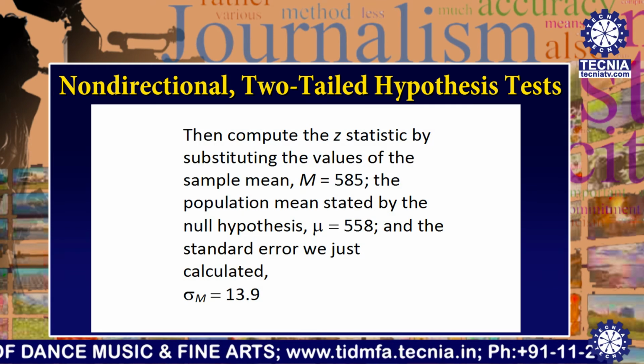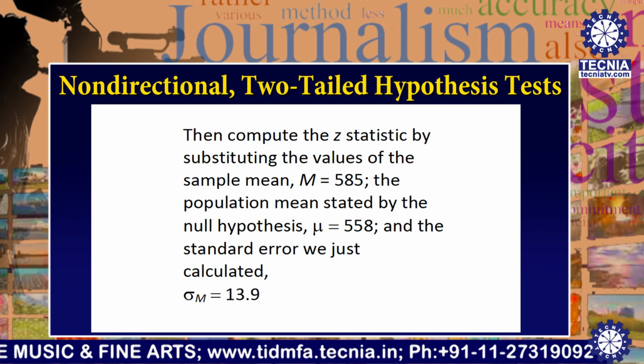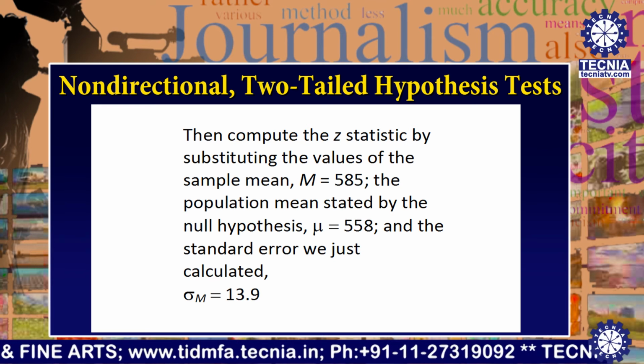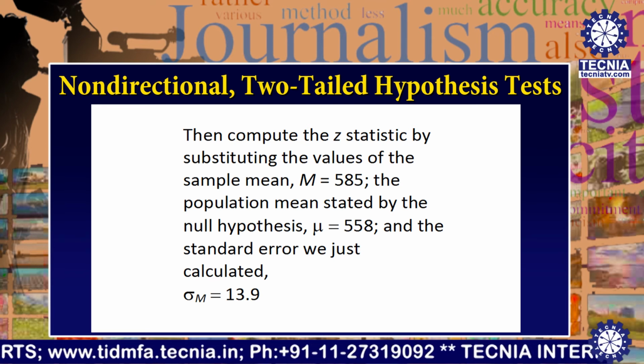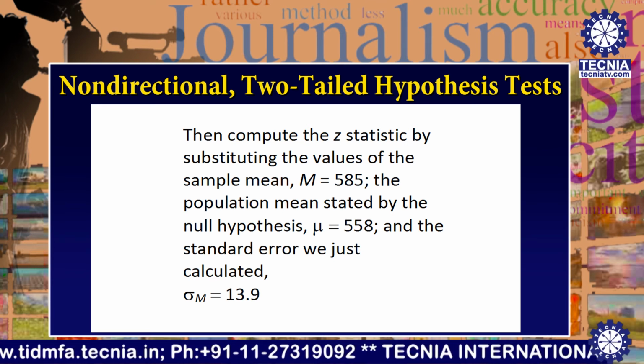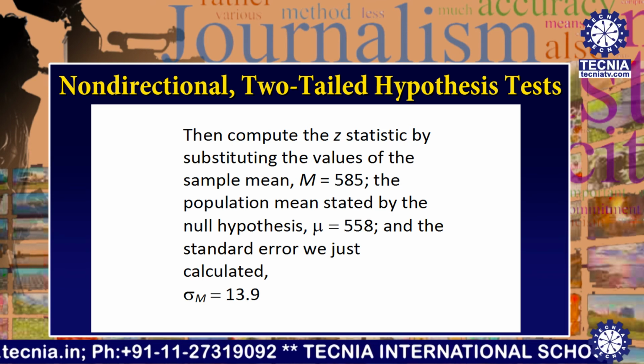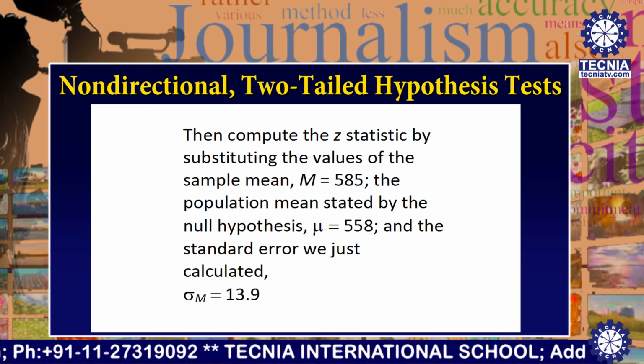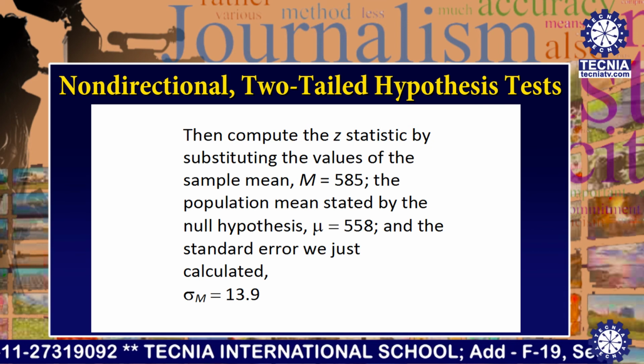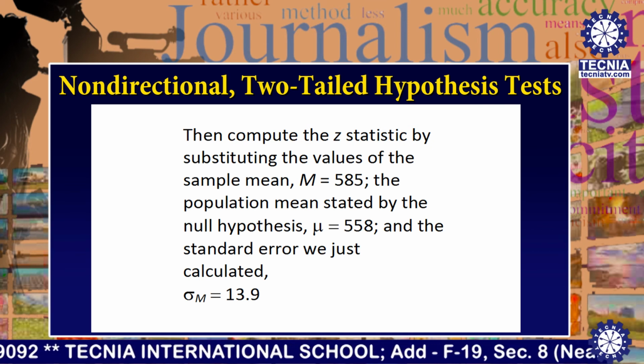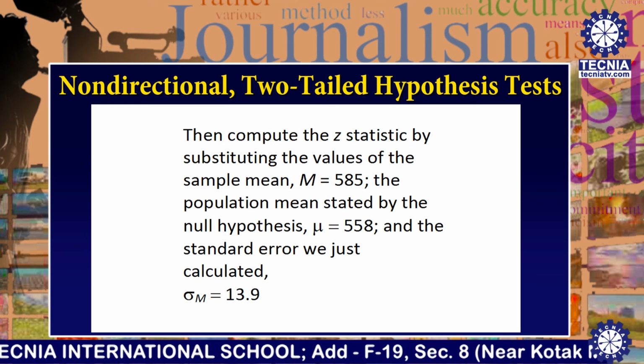Then compute the Z statistic by substituting the value of the sample mean, which is M equal to 585, the population mean stated by the null hypothesis, mu equal to 558, and the standard error we just calculated, which is sigma M equal to 13.9.